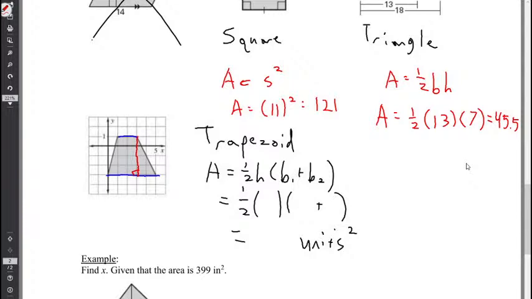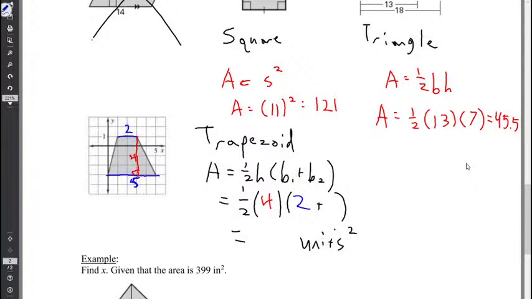Hopefully you're getting your height to be 1, 2, 3, 4. And then my bases, the top base here is 1, 2. My bottom base here is 1, 2, 3, 4, 5. So 2 and 5 are my bases.